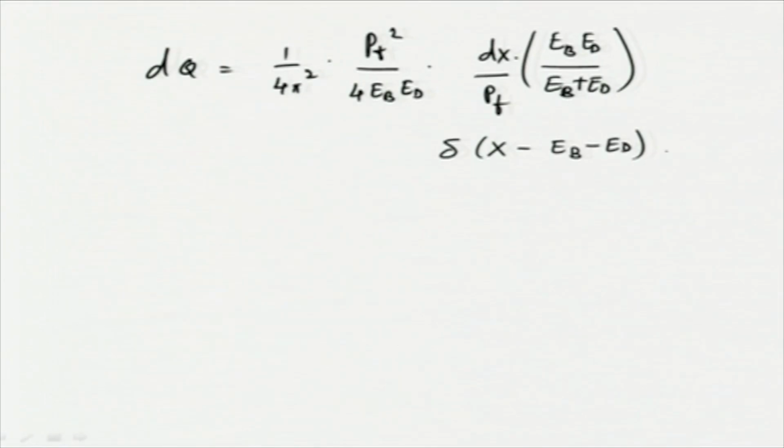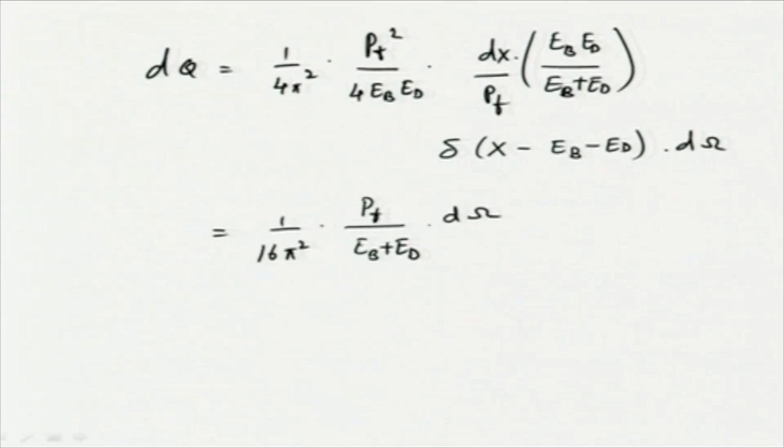and d omega, of course. So, this is 1 over 16 pi squared. A p_f cancels with the other p_f. So, you have a p_f there. E_b E_d cancels with the E_b E_d there, and then there is an E_b plus E_d here.